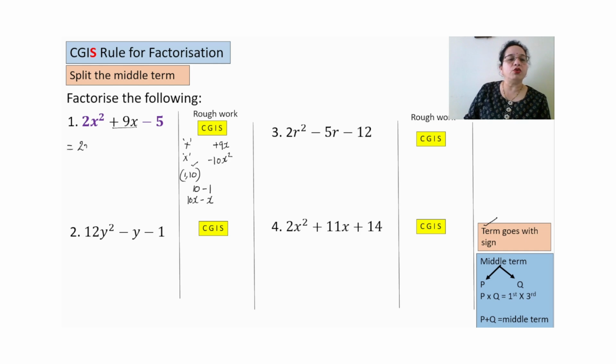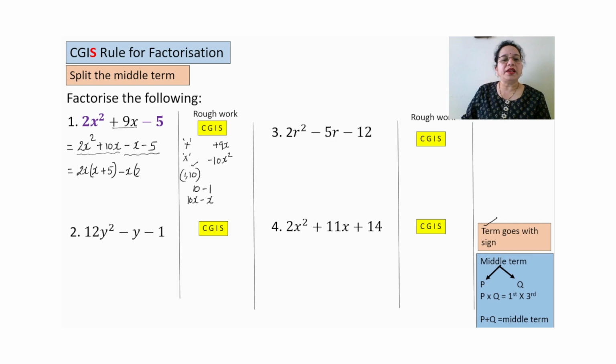So just write down here 2x square, then plus 10x minus x minus 5. Now from the first two terms take common. Your 2x is common, so take 2x common. What is left inside the bracket? x plus 5. Now from these two terms you can see that the minus sign is common, so take the minus sign common.